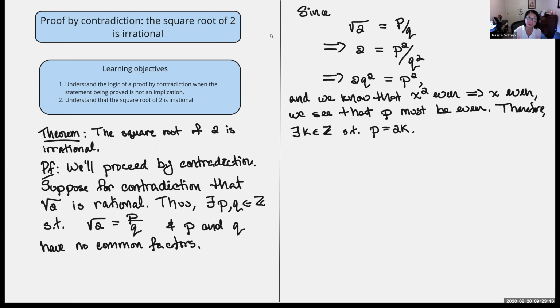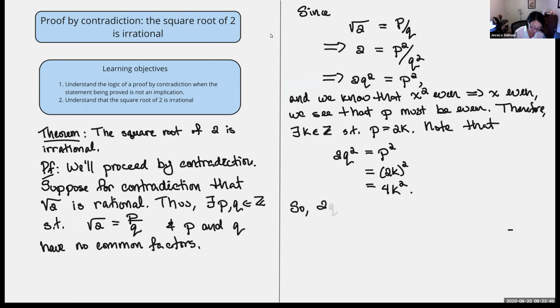And now we're going to start another computation. Note that, picking up from here, 2q squared equals p squared then has to be equal to 2k, the quantity 2k squared, which is 4k squared. So what do we have?